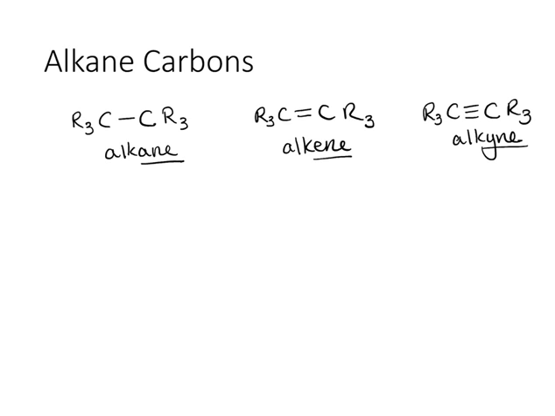Now, in this chapter, we are specifically focused on alkanes, but we will talk about the other functional groups as we go forward. So, one thing I wanted to talk about with alkanes, there are some different terms we can use to describe the carbons in an alkane.